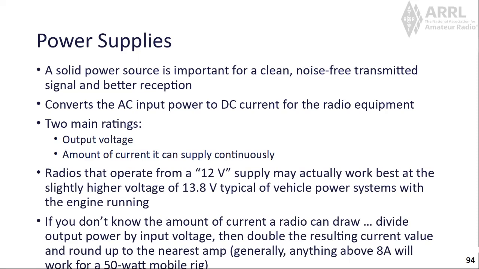Put your finger over what you want to know, and what's left is what you've got to work with. Then double the resulting current value and round up to the nearest amp. Generally speaking, 8 amps will work a 50-watt mobile rig. I think you need to remember that. Keep going.